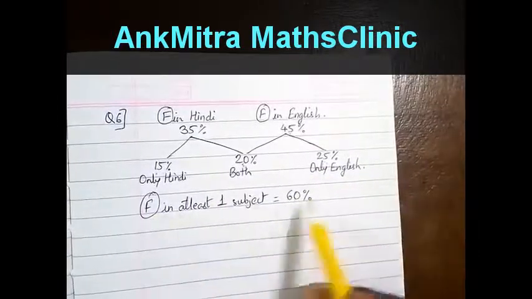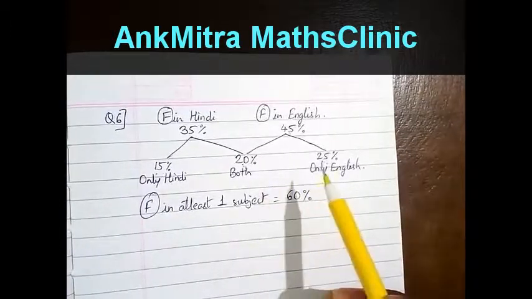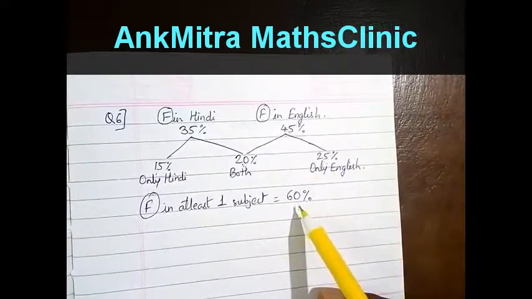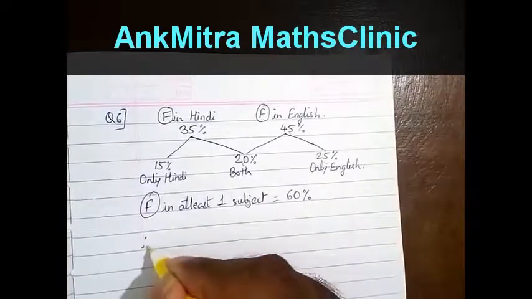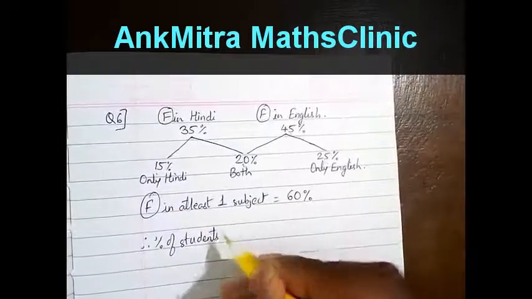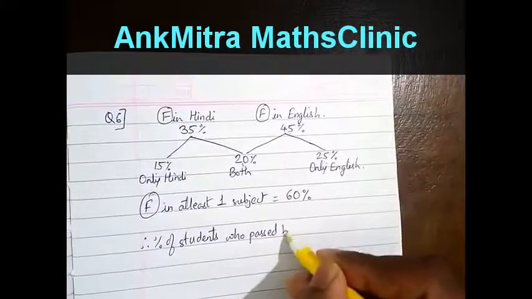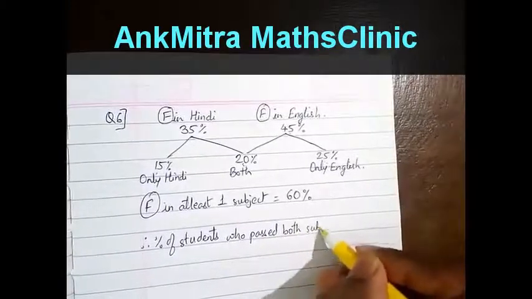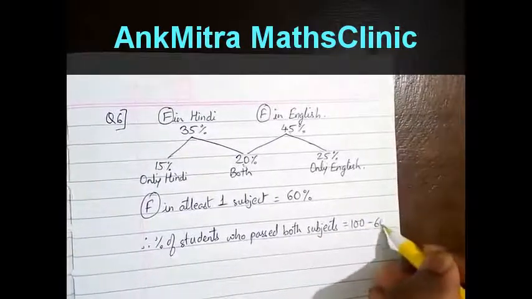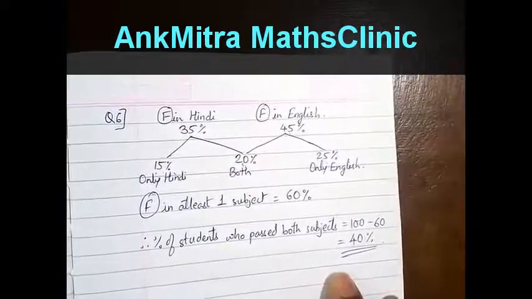So if 60% of the students have failed in at least one subject, then the percentage of students which have passed in both the subjects will be 100 minus 60, that is 40%. Therefore, percentage of students who passed both subjects will be 100 minus 60, which is equal to 40%. So this is our required answer.